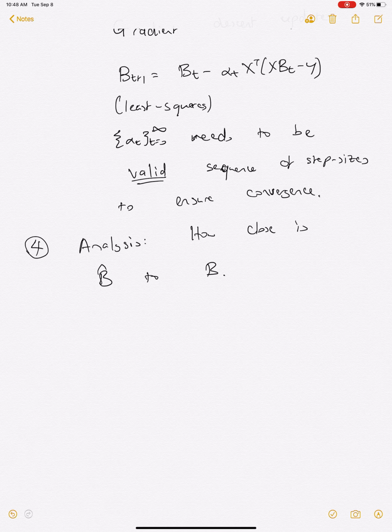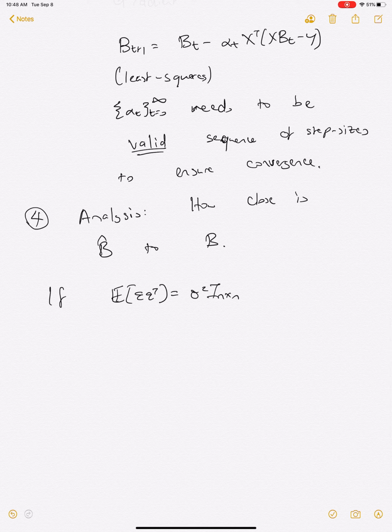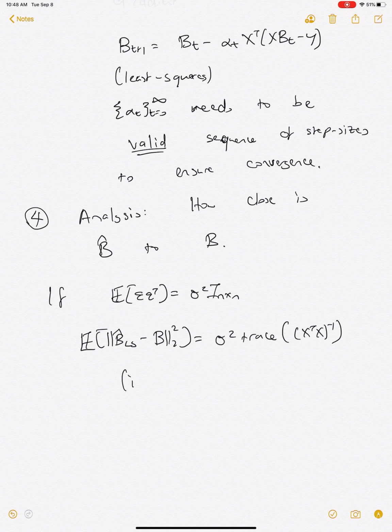So we found that if you're in the independent homoscedastic noise case, then we were able to show that the least squares estimate has this nice property that there's zero bias, and then the variance is given by this expression, and here we're assuming that X transpose X is invertible.